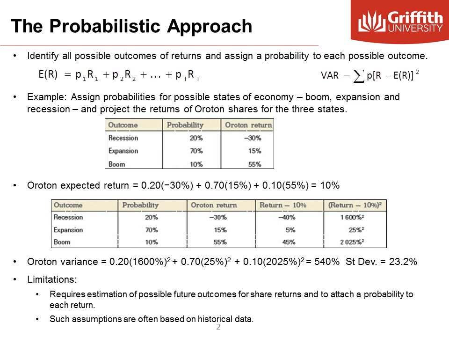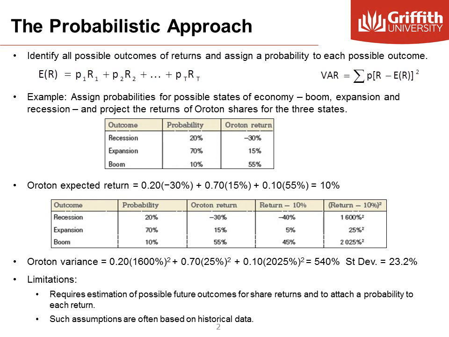For example, in the Oroton case, analysts first make assumptions on the future state of the economy and assign a probability to each state. They believe the economy has a 20% chance of recession, 70% probability of expansion, and a 10% chance of boom.